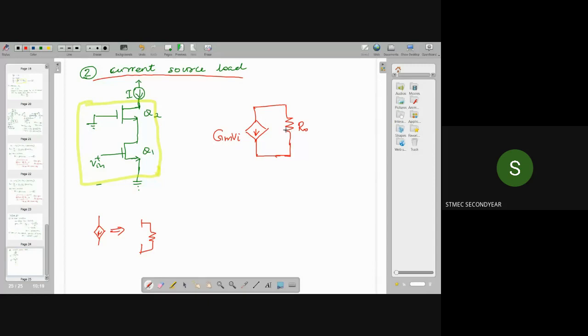Similar to that, here you will have a resistor in parallel with this R0. Let us call it R03. This R03 is the parallel resistor of this current source. So a practical current source can be open circuited and there will be a parallel resistor R03. This is connected to this terminal, that is, our cascode.